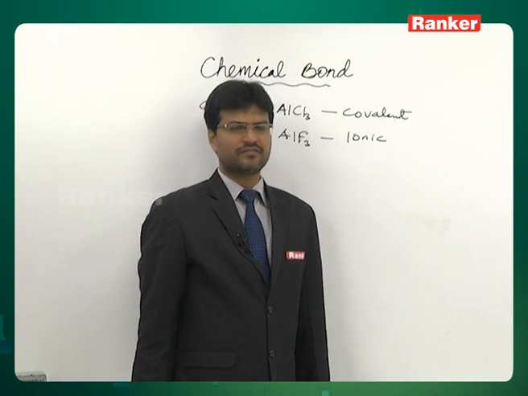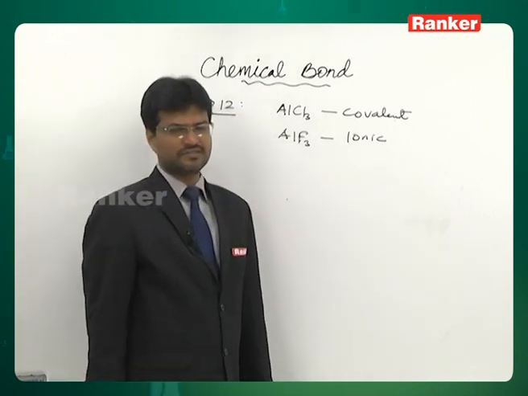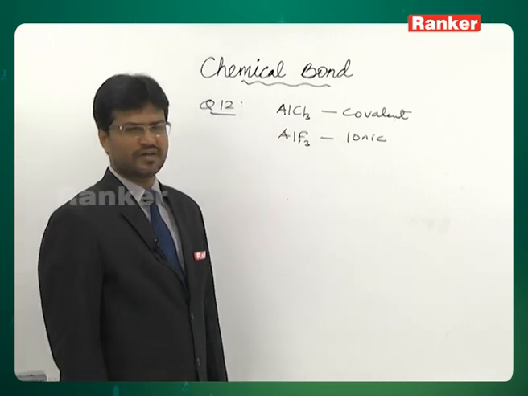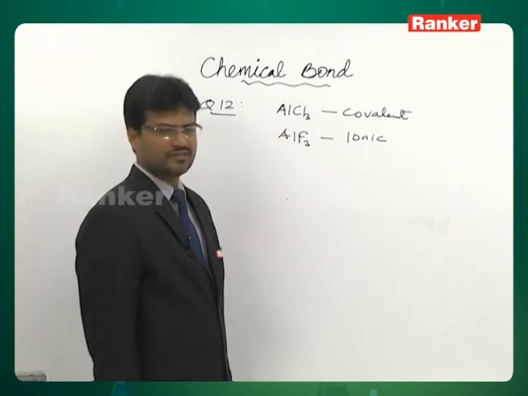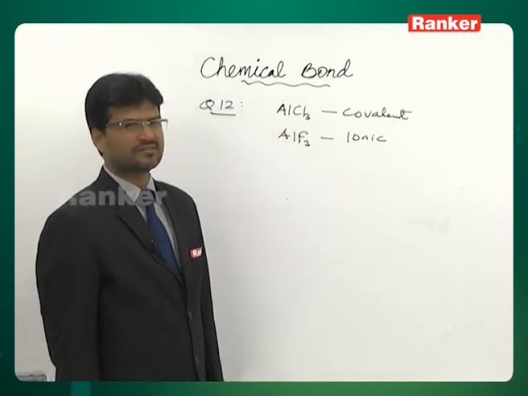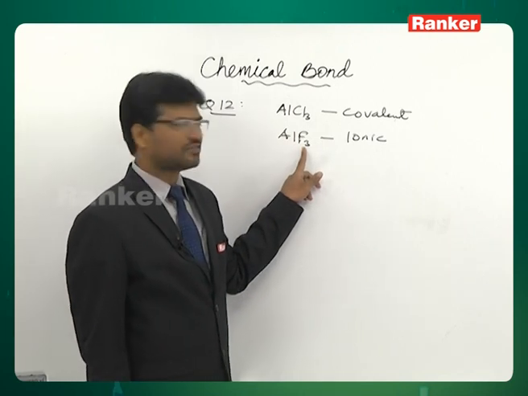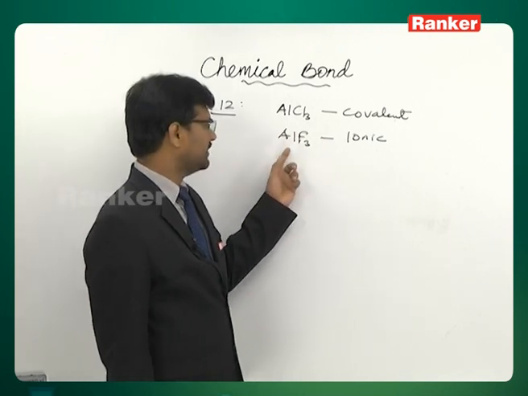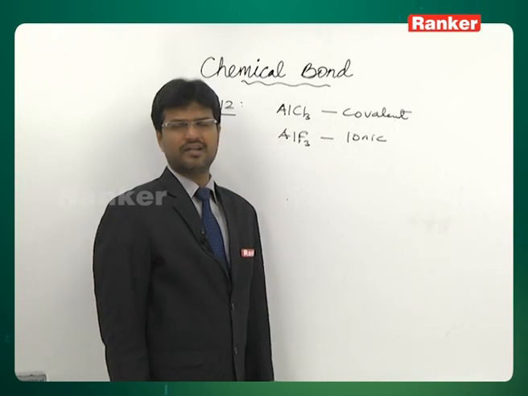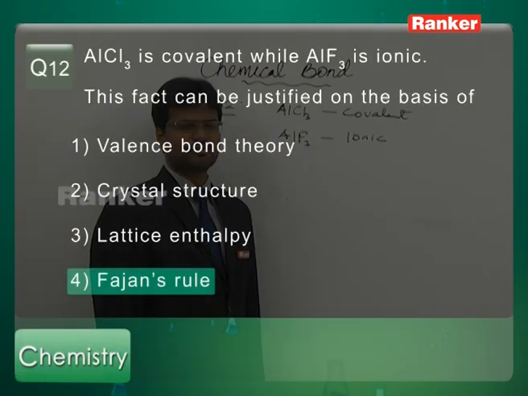This fact can be justified on the basis of Fajans rules. Look at the options. First option is valence bond theory, second option is crystal structure, third option is lattice enthalpy, and fourth option is Fajans rule. The correct answer is Fajans rule. Actually, due to the very small size of F, the extent of polarization caused by Al3 plus will be less, so AlF3 is more ionic. So decide on the basis of Fajans rules, fourth option.